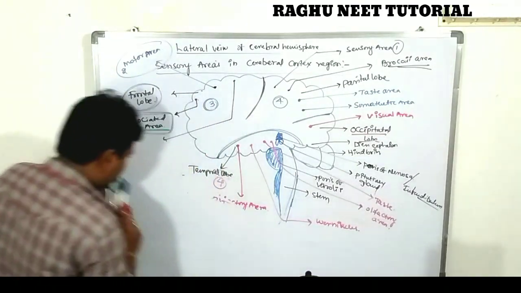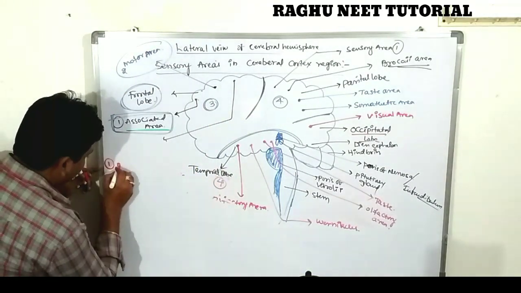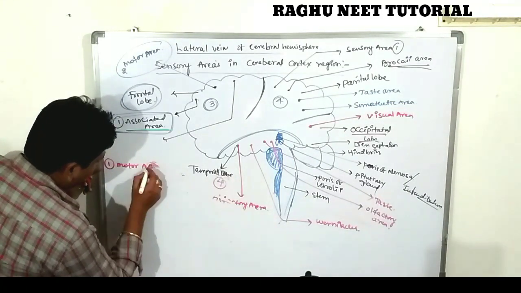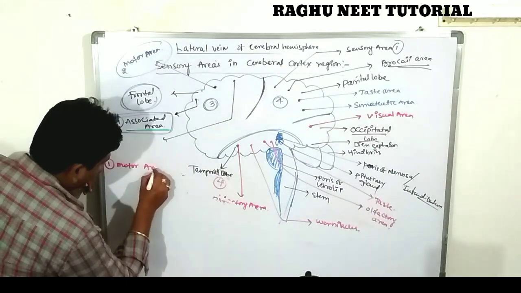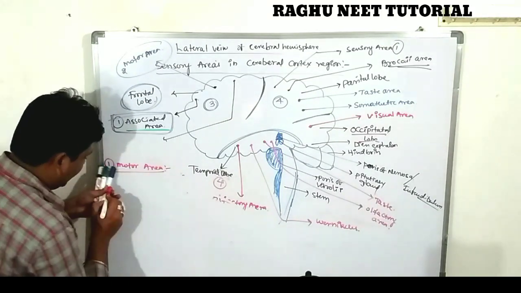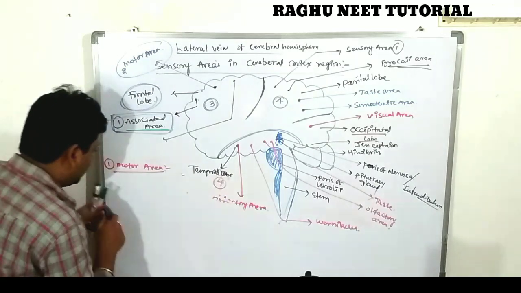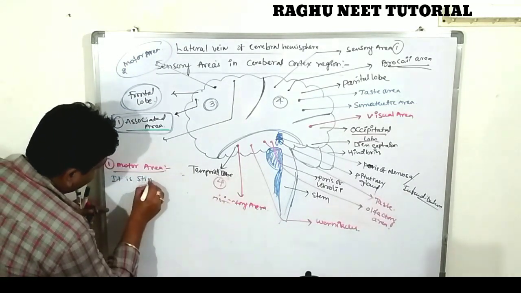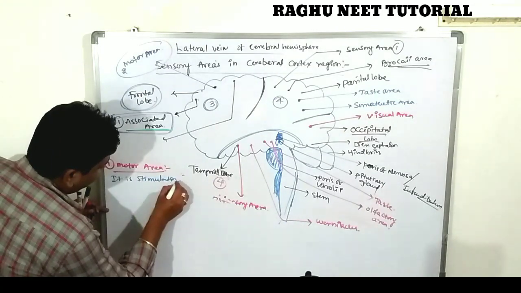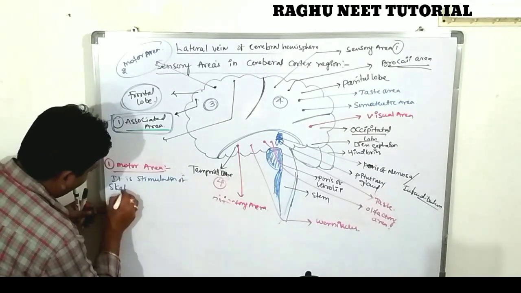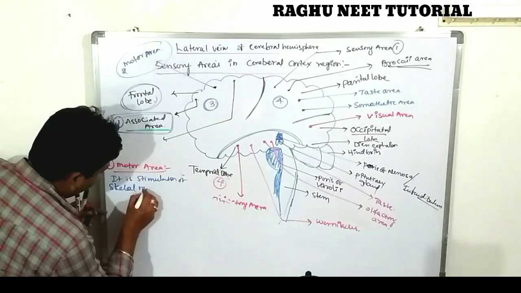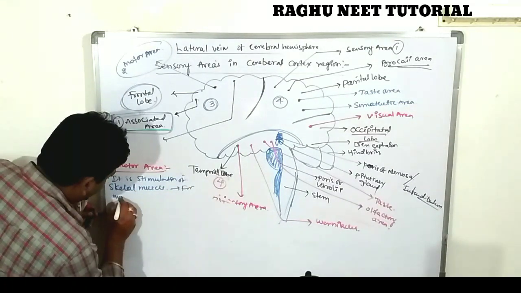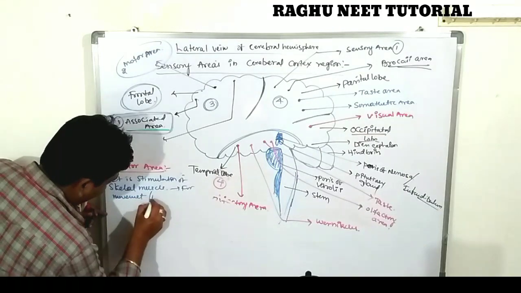First one, the motor area: stimulation of skeletal muscle for the movement of the organism, for locomotion.